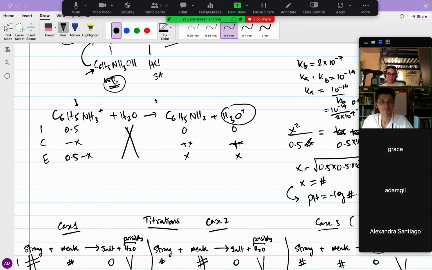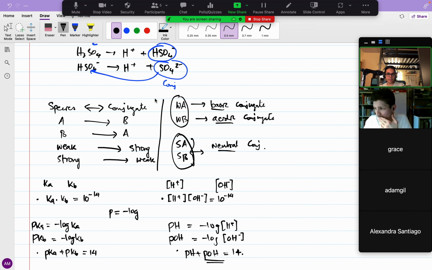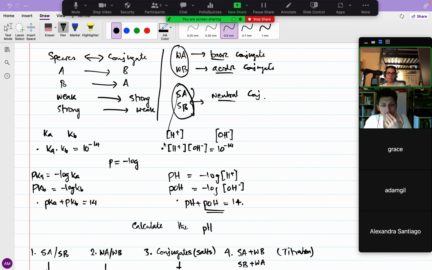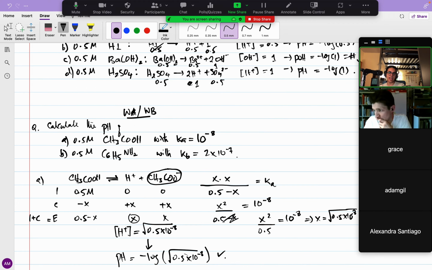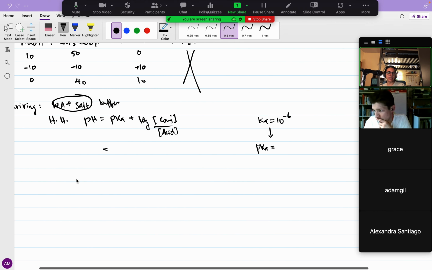Let's see, I think I said it all the way in the beginning. P is negative log. Right, so pKa is negative log of Ka. So if Ka is 10 to the negative 6, what's pKa?